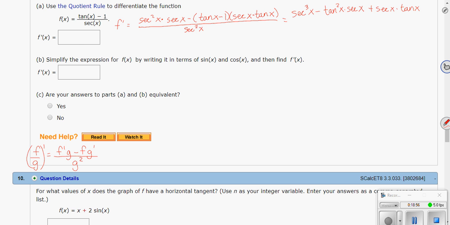Okay, now that's the numerator, and that is all over secant squared x.